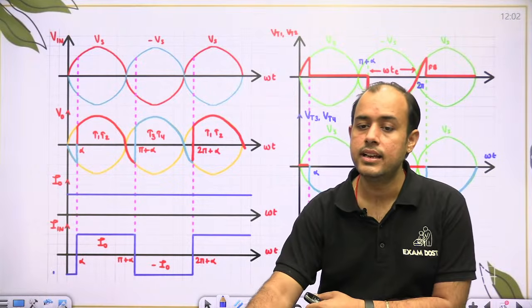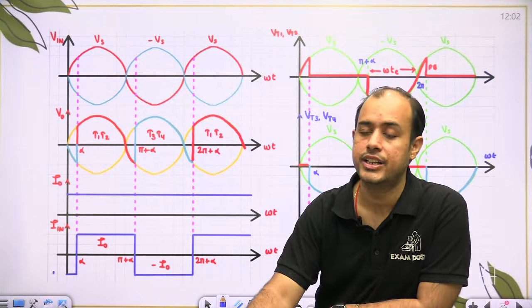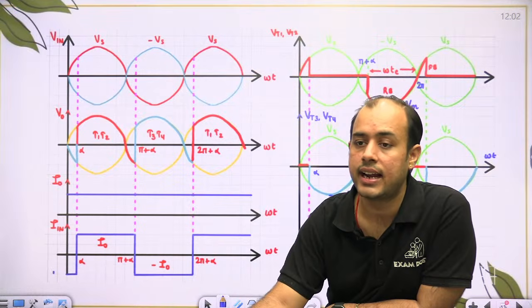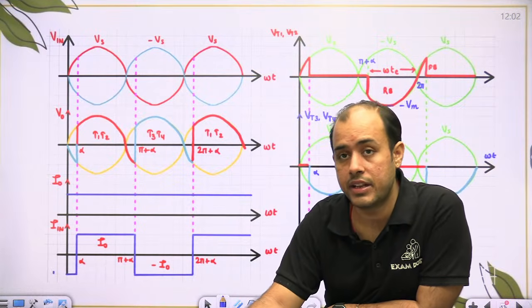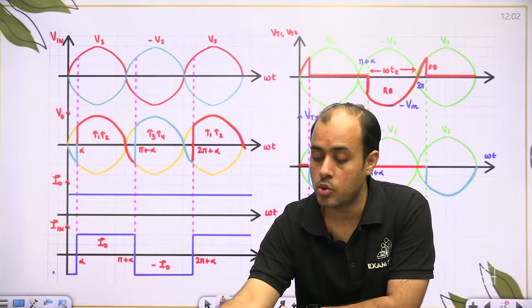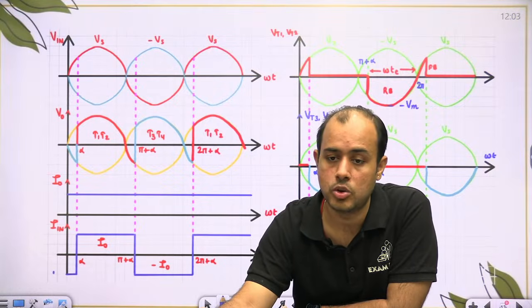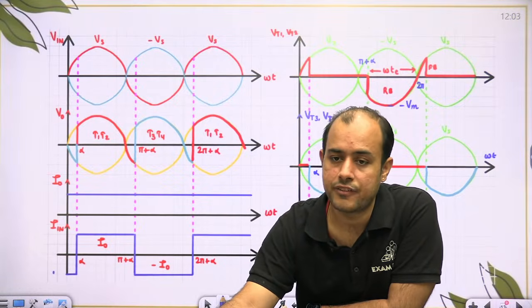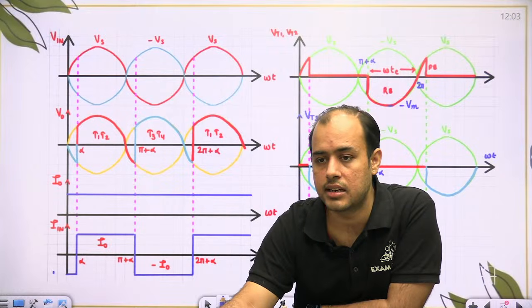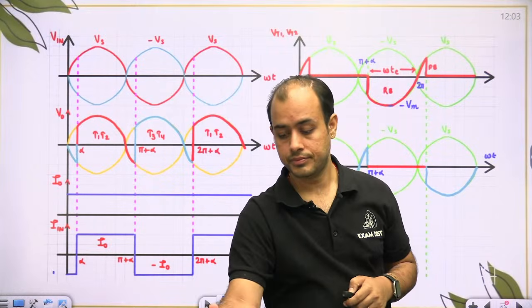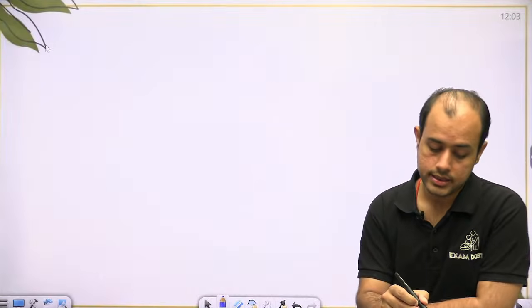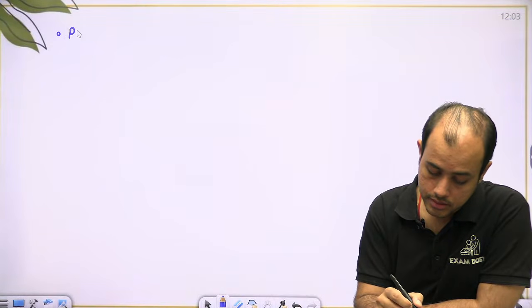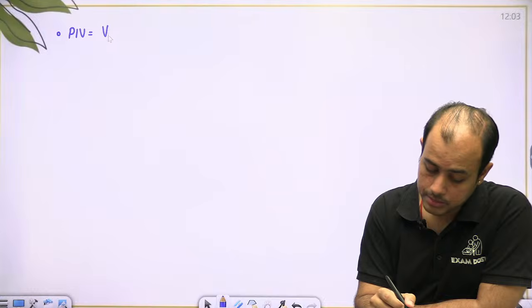तो बेसिकली here the advantage is that your PIV comes out to be VM, so you can use a rectifier having lower rating. आप रेक्टिफायर कम रेटिंग वाला भी इस्तेमाल कर सकते हो. ठीक है? So you can say PIV becomes VM.